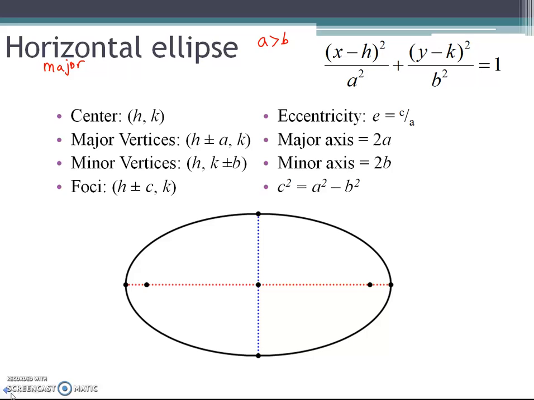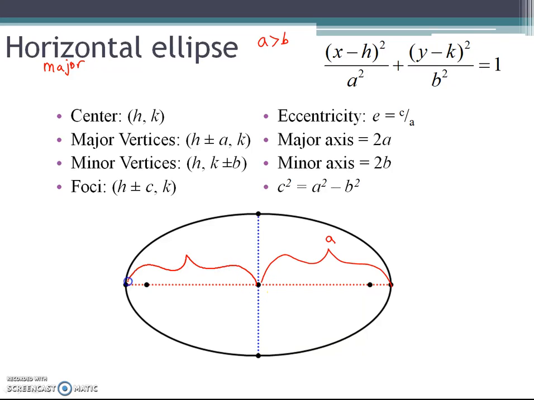If the larger one is under x, it's bigger in the x direction, or horizontal. So once you determine all those things, you can come up with all these little components of the ellipse. So what happens is you can take this center point and both add and subtract the a value, this value right here, to get to the major vertices. So this distance right here is a.